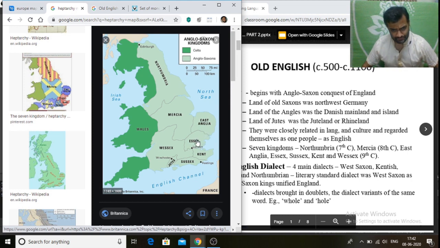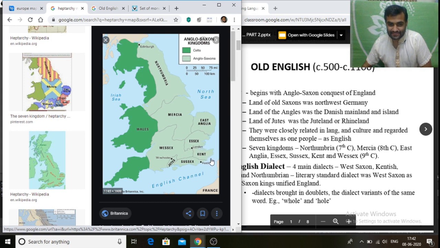And there was the region called Essex. Essex is the eastern region occupied by the Saxons. Essex, Sussex, the southern part, and Wessex, the western part. Essex, Sussex, and Wessex, and Kent, the southeastern side of England.